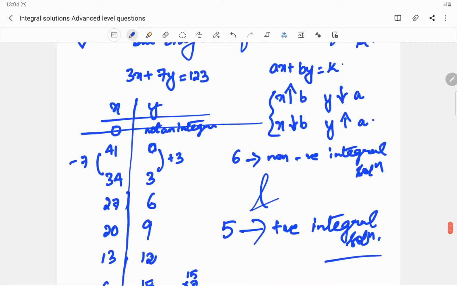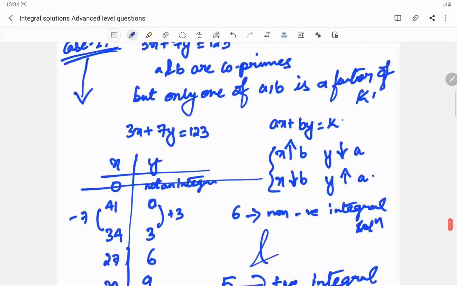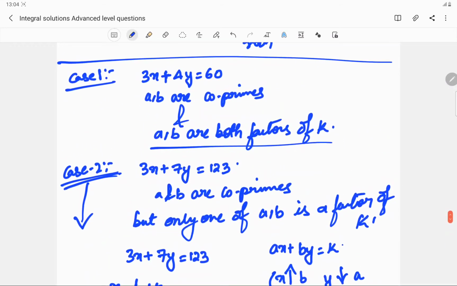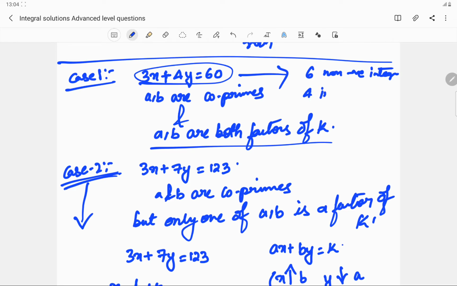Here is the difference from the earlier type of equation in case 1, which was 3x plus 4y is equal to 60, where we were getting 6 non-negative integral solutions and 4 positive integral solutions. The gap between these two was 2.